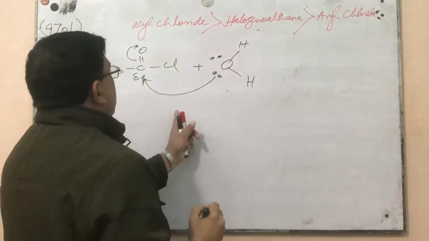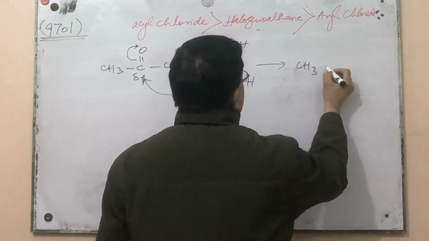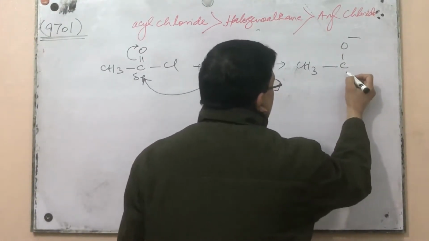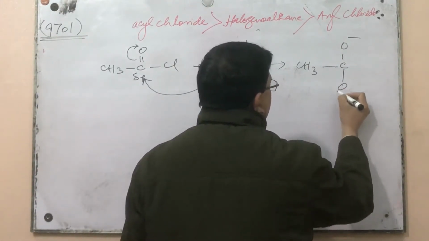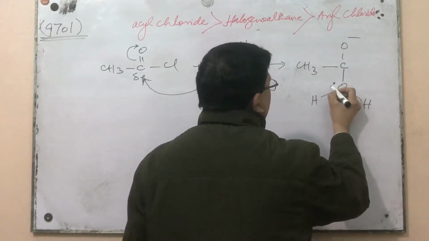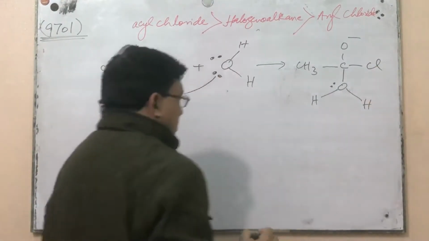Side by side, this intermediate will be produced: CH3, and oxygen negative, and now a bond will be formed between oxygen with one lone pair along with this Cl.